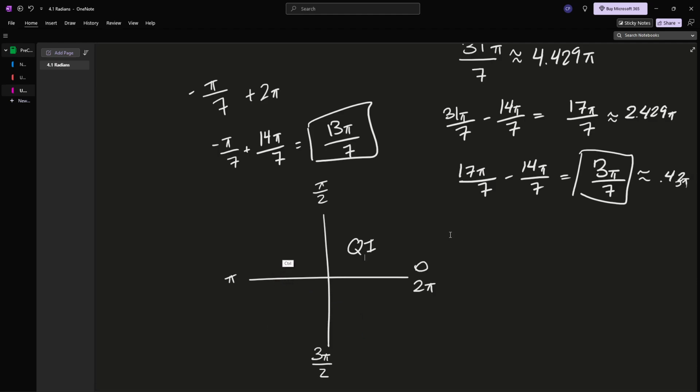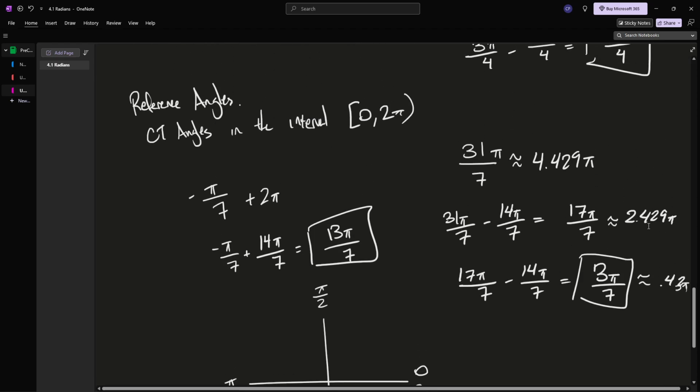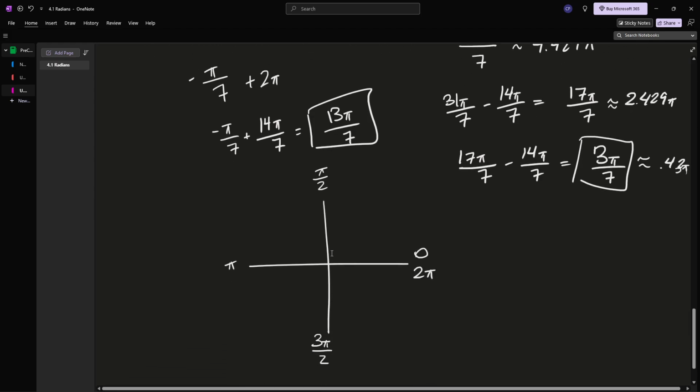When I ask you to sketch an angle, I only care about, are you in the right quadrant? So I have my boundaries of each quadrant. All we do is test this value and see, where am I? The same thing that we did with, am I too far? You convert the numbers into a decimal. So 13 divided by 7.